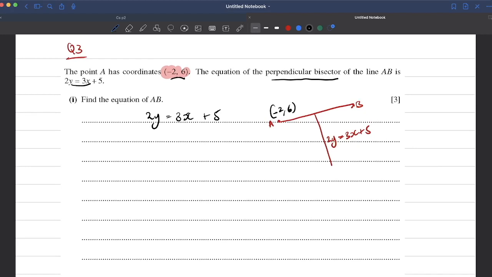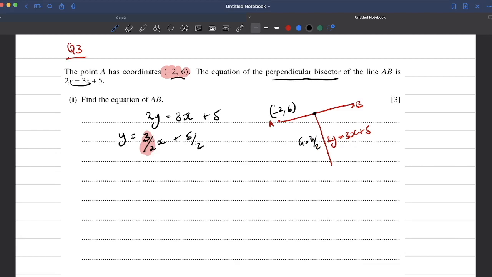First things first, I need to find the gradient of this line, because the gradient of AB will be the perpendicular inverse. The gradient will be 3 over 2, since y equals 3 over 2x plus 5 over 2. So the gradient of this line is simply 3 over 2.